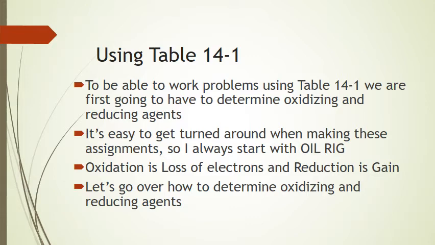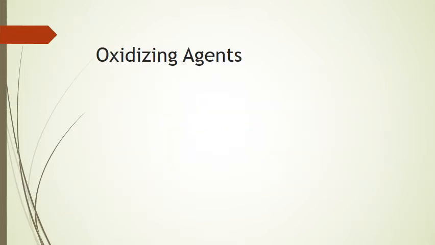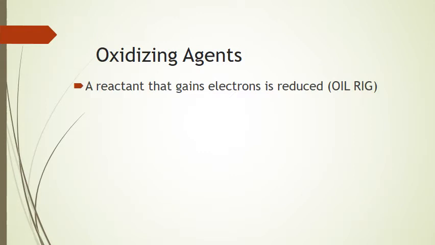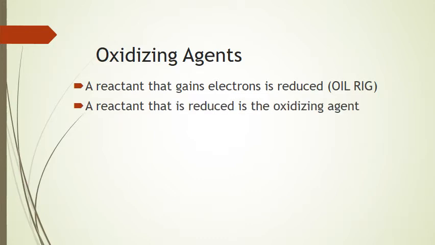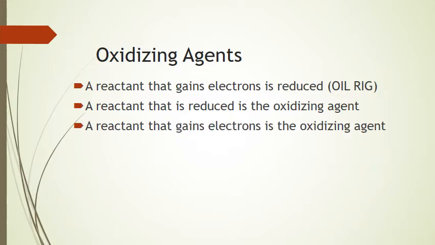Let's determine oxidizing and reducing agents. A reactant that gains electrons is reduced. A reactant that is reduced is also called the oxidizing agent. A reactant that gains electrons, therefore, is the oxidizing agent.